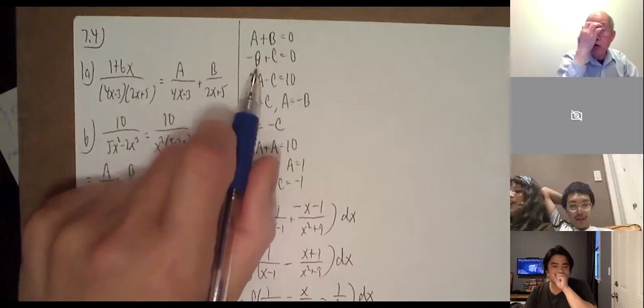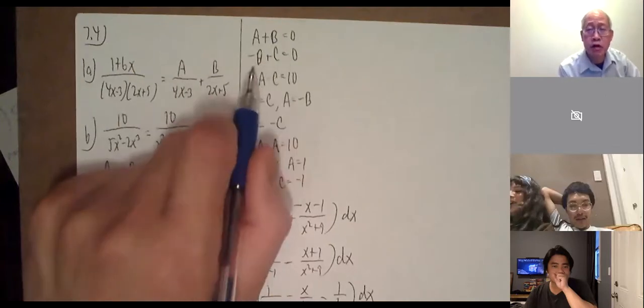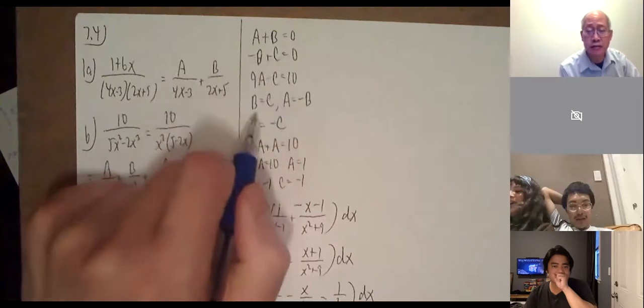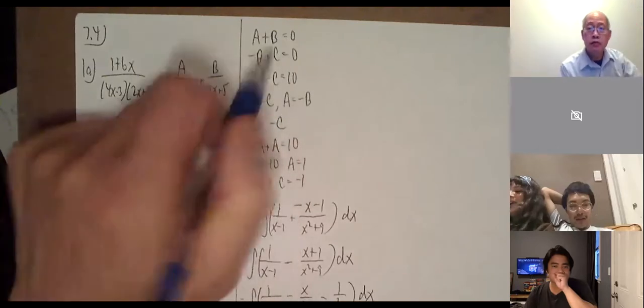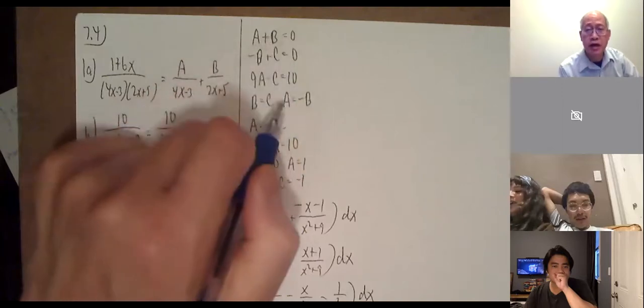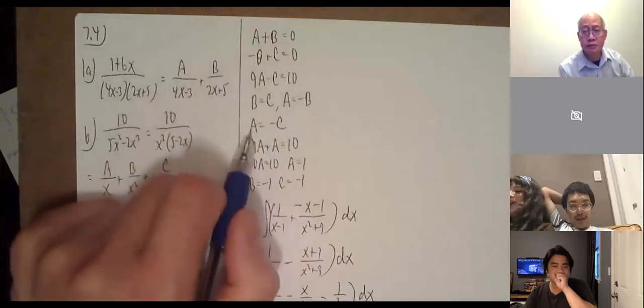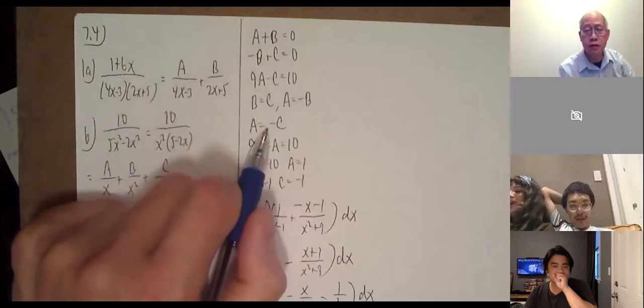Let's see, if I move the b over, then b equals c. Agree? If negative b plus c equals 0, if I add b to both sides, that means c and b are equal, which means a and b are opposites. Just subtract b over, a is equal to negative b. And that also means that a is equal to negative c.